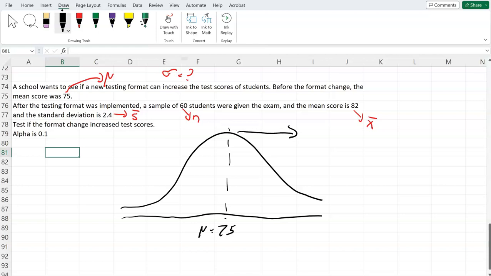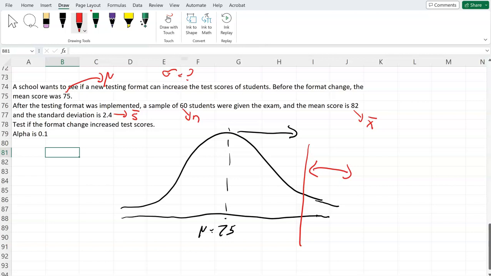If I go up to a certain level, that's fine. It may still be equal to 75. But beyond this, I would say that the population mean is no longer 75.